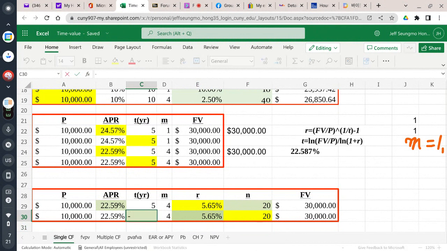So then simply divide this by 4, and voila. Now, again, I don't want you to use Excel's built-in function.